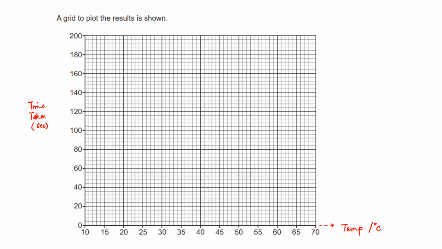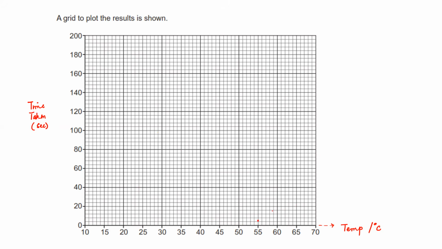And now we have to basically plot these values. So the first value is 55 degrees centigrade, and the time taken is 5 seconds. So with 5 seconds, we have 1, 2, 3, 4, 5. So it is somewhere here. Okay. This is our first point.